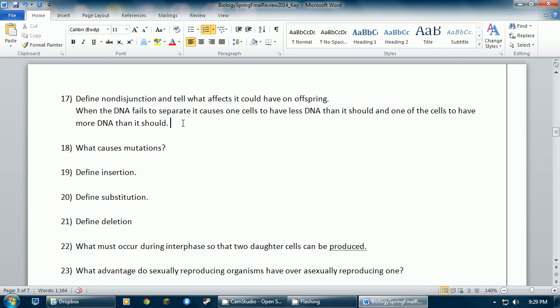That protein will accumulate and cause diseases like Down syndrome, where it just messes development up. On the other hand, if you have too little DNA, you most likely will die. There's only one that humans can survive, and that is whenever we have only one X chromosome.